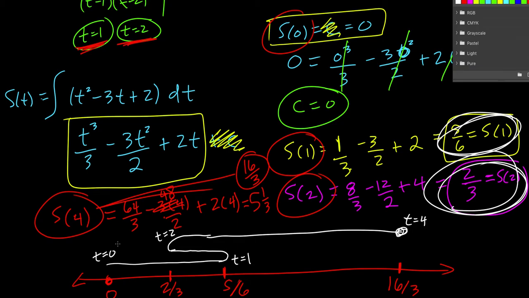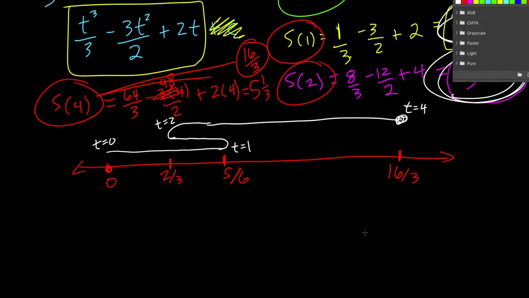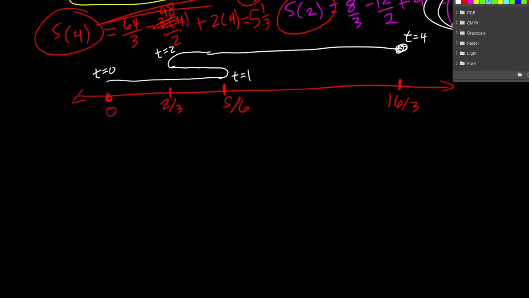Now, what we need to do is take the distance from here to here, add it to the distance from here to here, and then the distance from here to here. And so let me get some more room. From here to here is 5/6.